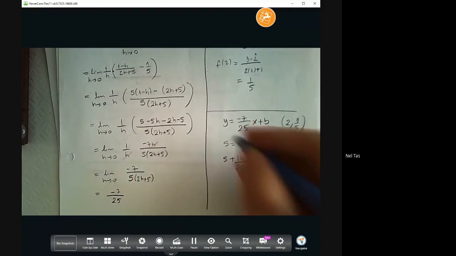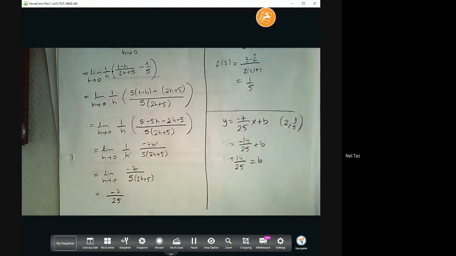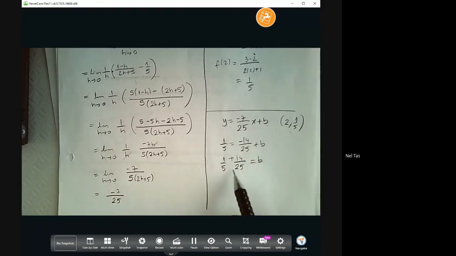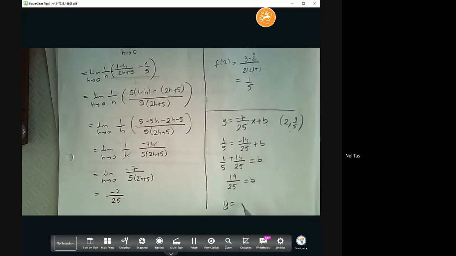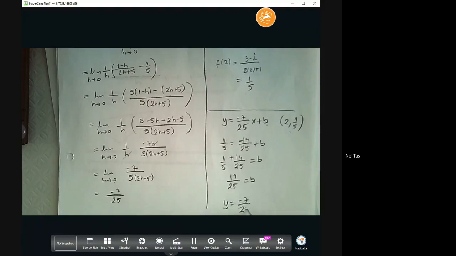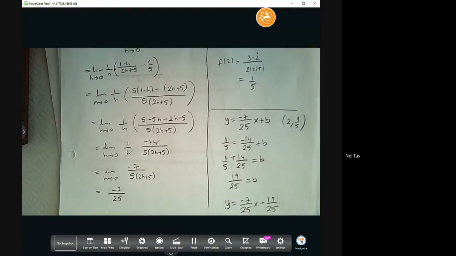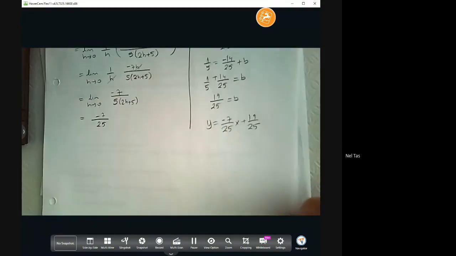Oh, that's not 5, this is 1 over 5. Okay, so then you get 19 over 25 equals b. So y equals negative 7 over 25x plus 19 over 25 is the equation of the tangent.